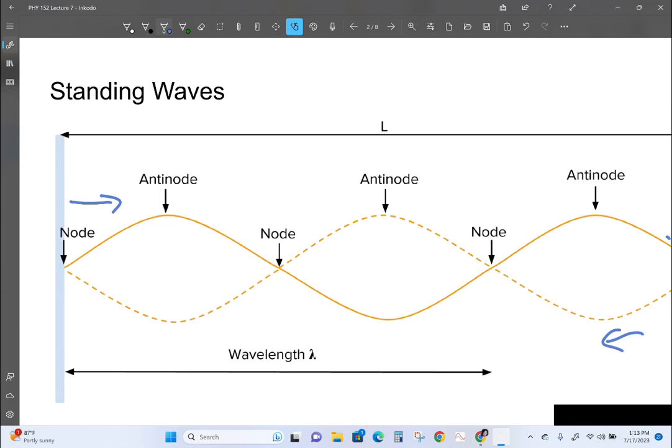And so it looks like this, and you can see that this standing wave, where it's at maximum amplitude, we call that an antinode, and where the reflection cancels out the wave that's sent down is called a node.